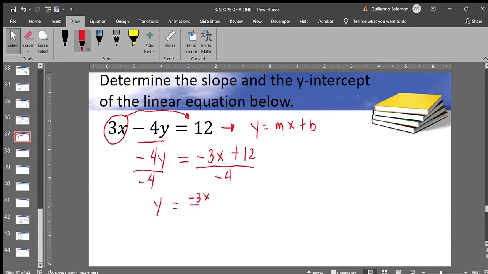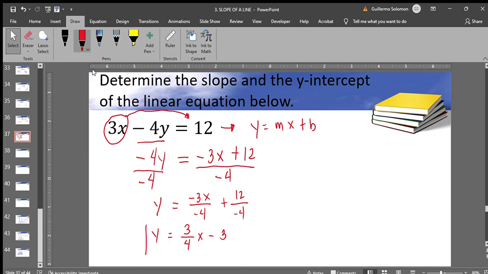Negative 3x over negative 4 plus 12 over negative 4. So, mangyayari, y is equal to, bring down y, negative 3x over negative 4, you will get positive 3/4 x. No need to change it into decimal form. 3/4 x. That is already in the lowest term. Next, positive 12 divided by negative 4, you will get negative 3.